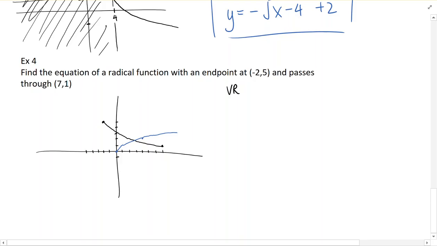Now, we need to figure out our other stretches, if there are any, before we move on to translations. So right now, let's look at the vertical distance between these 2 points. Since it's going from 5 down to 1, we know the vertical height is 4.